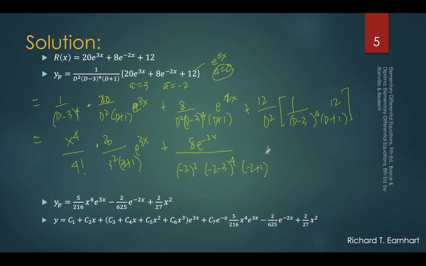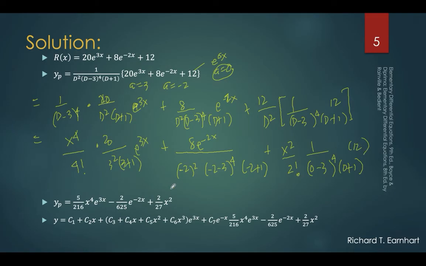Okay, and then for the last one, this is d squared, so you have x squared over 2 factorial, and then 1 over 0 minus 3, your a here is 0, b to the 4th, then 0 plus 1, and then times the constant.